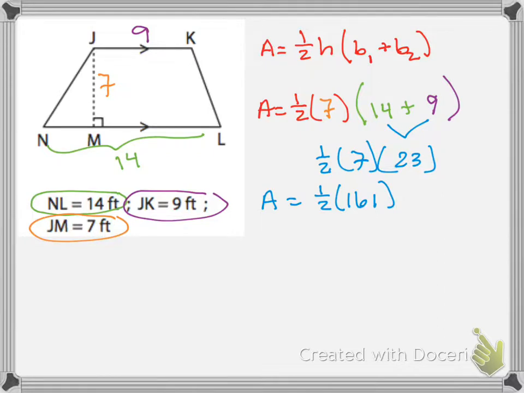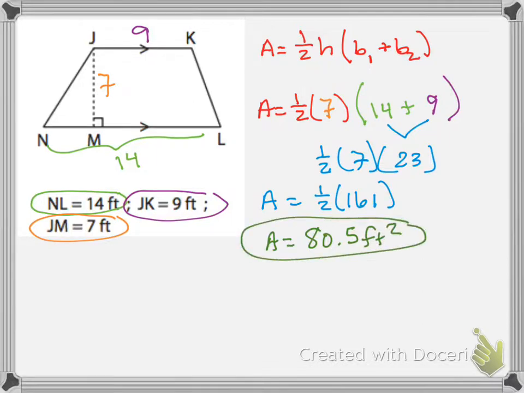And 1/2 of 160 would be 80, so my area is going to be 80.5 feet squared. Now in this one, again, we are missing these outside edges here in order to find the perimeter, and we don't have enough information on this one.